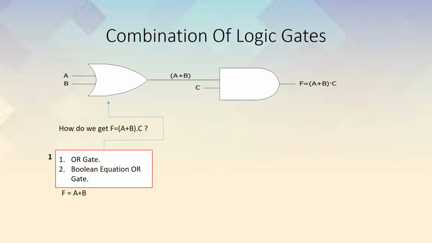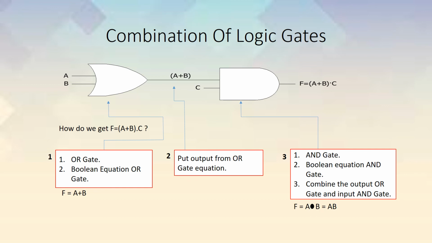So first we get the OR gate, and if we get the OR gate, we must remember the Boolean equation of the OR gate. So the equation is F equal to A plus B.